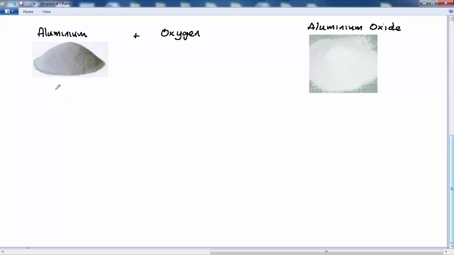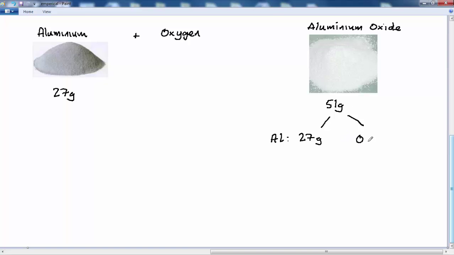Well, let's just supposing that we start with 27 grams of aluminium, just to make life simple. You'll see why in a minute. And we end up with 51 grams of aluminium oxide. So that tells us that in this aluminium oxide there must be 27 grams of aluminium atoms, and the difference between these two figures must be the mass of the oxygen atoms present in this substance.